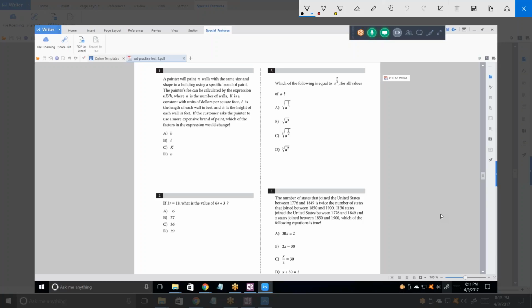Correct. So X is equal to 15. In other words, you knew the answer immediately. You saw that if 30 states joined between those dates, then X had to be 15 because twice as many joined in the first time period than the second time period. So we knew X was 15, and all we had to do was find one of these 4 answers that gave you an X of 15. And the only one is this one right there.